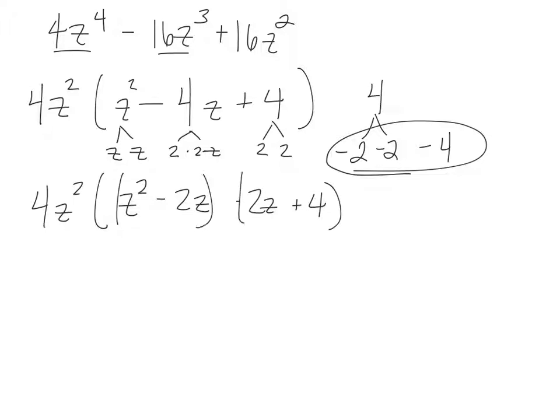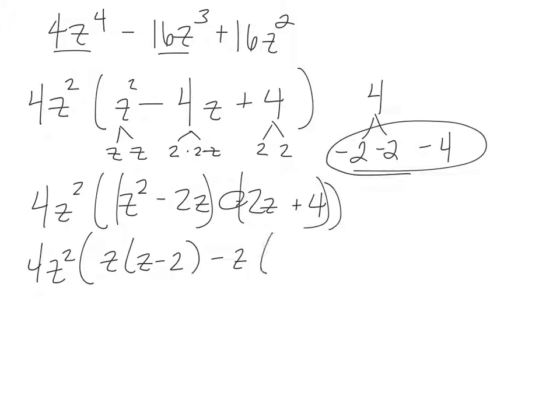Okay, grouping. I'm going to factor out z, and I have z minus 2 left. And factor out another negative 2, because when we have a negative number, we factor out a negative. Sorry, I caught my mistake.